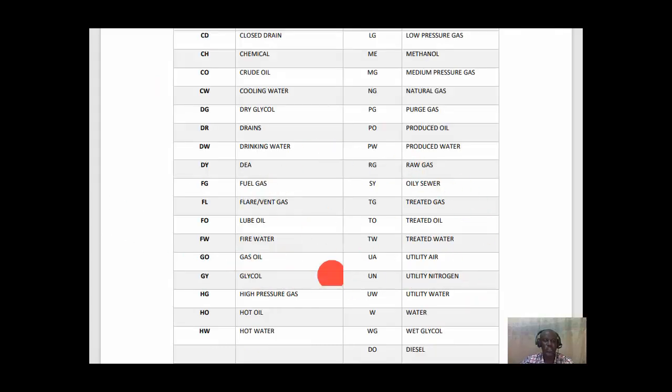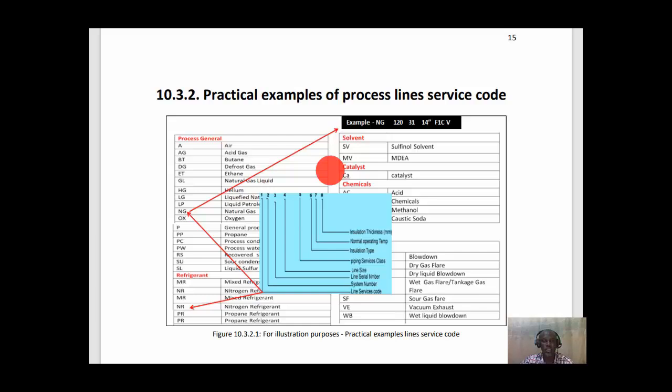These are just for illustration purpose. You can get more of these line service codes from the relevant institute or organization or from the standard and code symbols. For illustration purpose, let's take a look at some practical examples of process line service code.